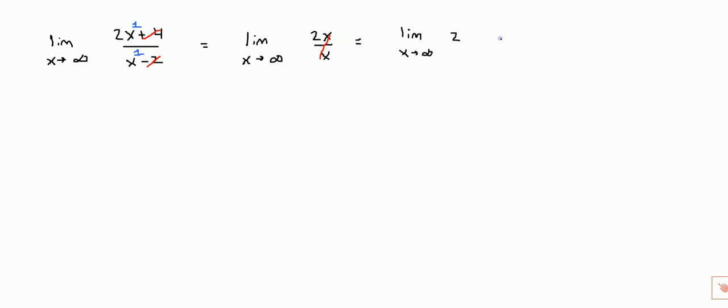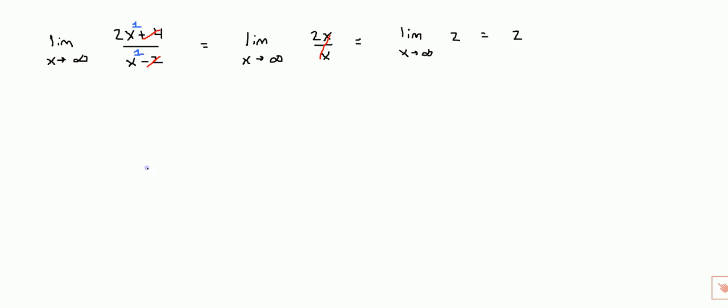And the limit as x approaches infinity of 2, well, 2 doesn't have an x in it. 2 is just 2, never changes, right? Doesn't matter where you are in terms of x, that is just 2. So this limit, while it might look complicated, is just 2. That's what this function approaches as x gets larger and larger.